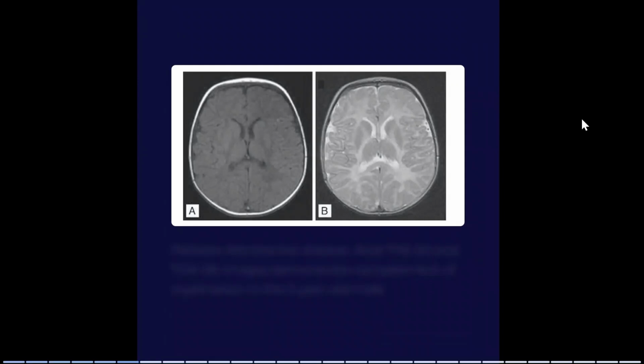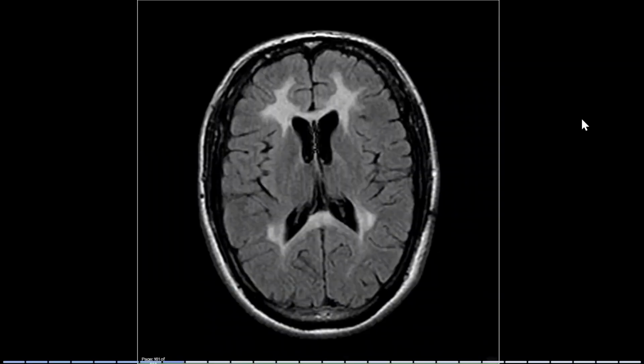And now let's see another entity in which we are going through an MRI. That's a FLAIR image, and you can see that there are hyperintense signals in the periventricular white matter, and it is not involving the U fibers. So what could it be? And it's a young adult.